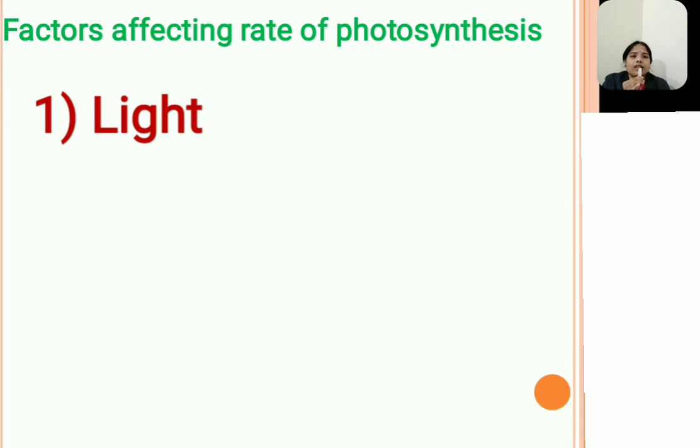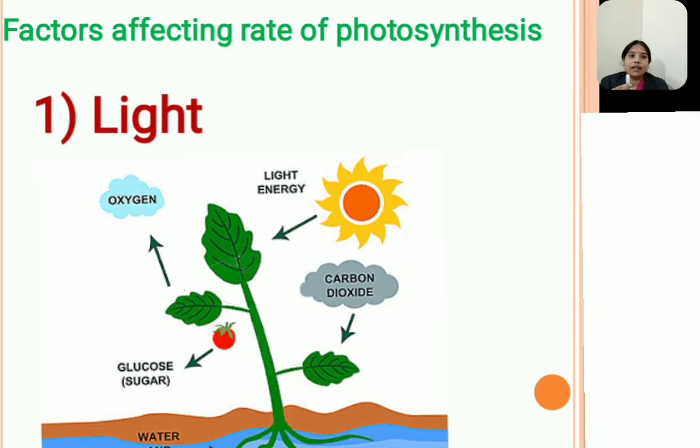The next point is duration. Long duration of light favors photosynthesis if the plant gets 10 to 12 hours of light period. It favors good photosynthesis.